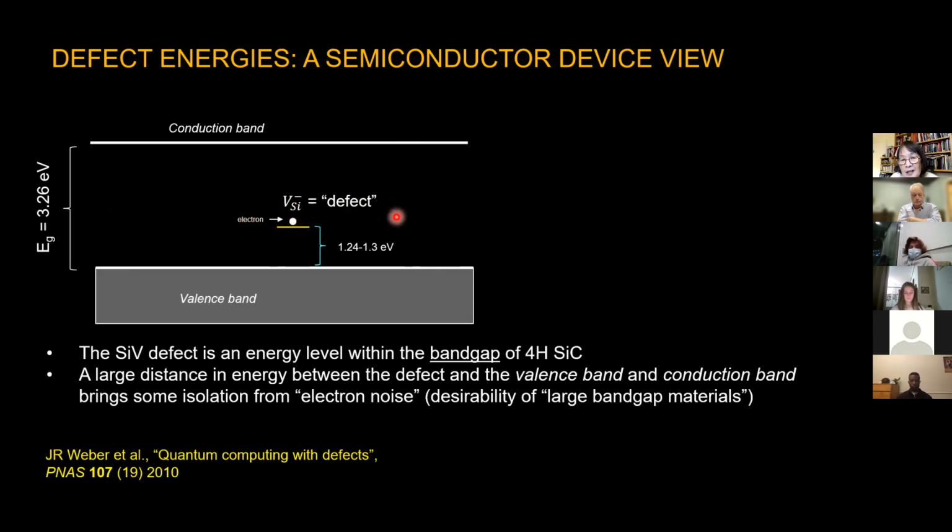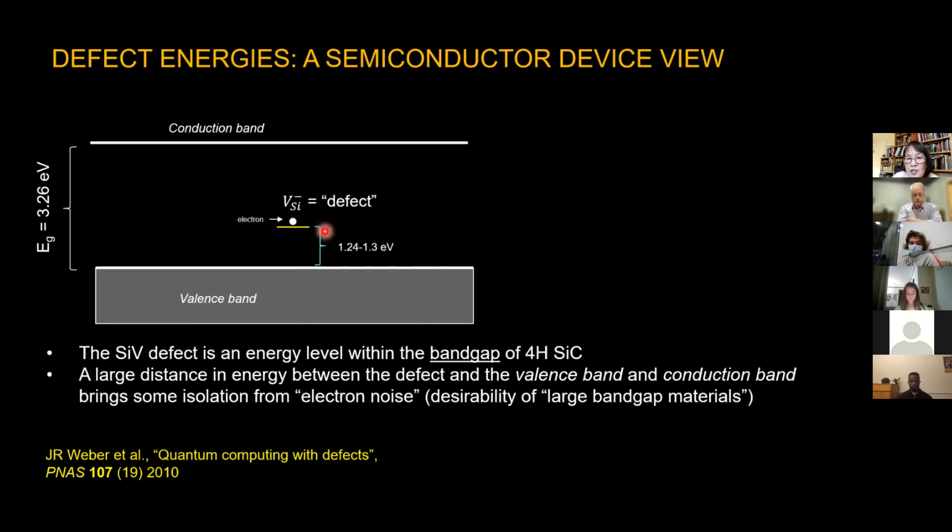So this is a negatively charged defect. I actually have an electron occupying this defect level. This figure, 1.24 to 1.3 electron volts above the valence band, is from both theory and a little bit of experiment that suggests this is the approximate energy level. So this is what it looks like if you're a semiconductor device person.